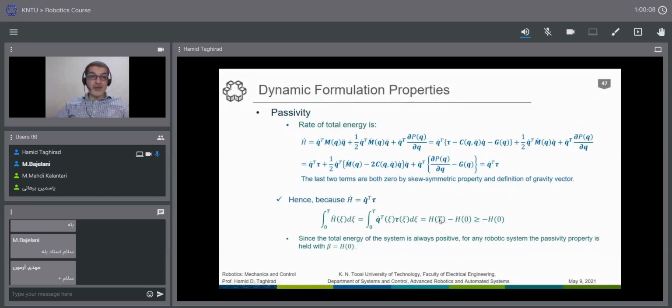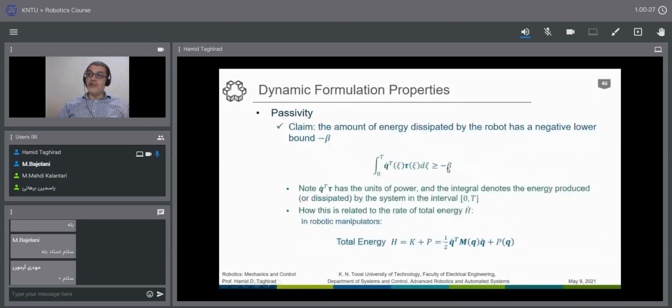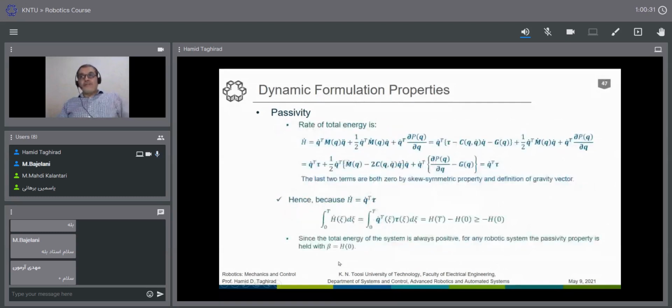We have a positive energy, so the integral is always greater or equal than minus the initial energy of the system, and this is exactly the passivity property that we used in here when we set beta equal to H0. So by this term, we finalize the properties.